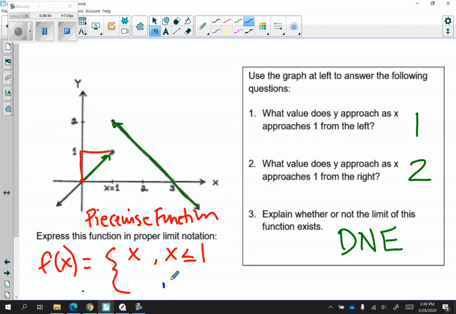The next one, where x is greater than or equal to 1, would be negative x plus 3. It would go through my y-axis at 3, but the slope is negative 1. Notice this would not be a function because if I drew a vertical line right here, it would go through 2 points.